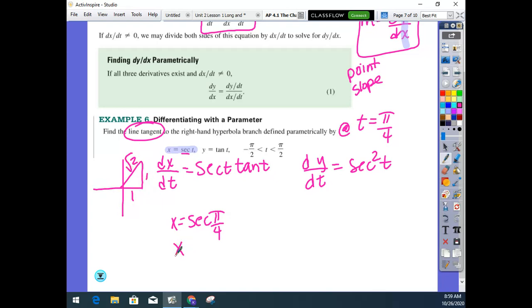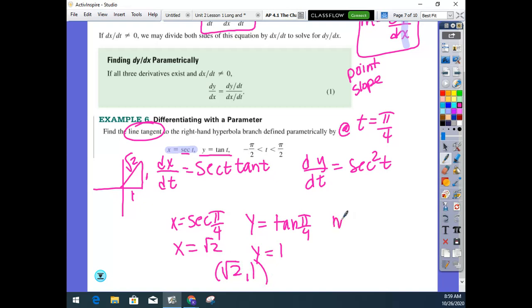Secant is the reciprocal of cosine, so that's square root of 2. Then y equals tangent of pi over 4. Tangent is y over x, which is 1. So the coordinate point I'm going to use is square root of 2, 1.